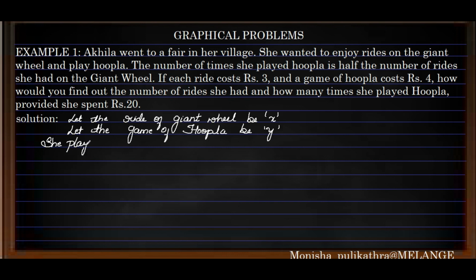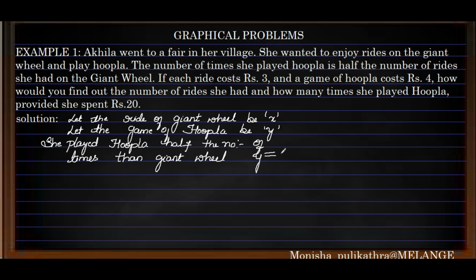So she played hoopla half the number of times than the giant wheel. If hoopla is y, then this y is equal to half the number of times the giant wheel, x by 2. So this is equation number 1.